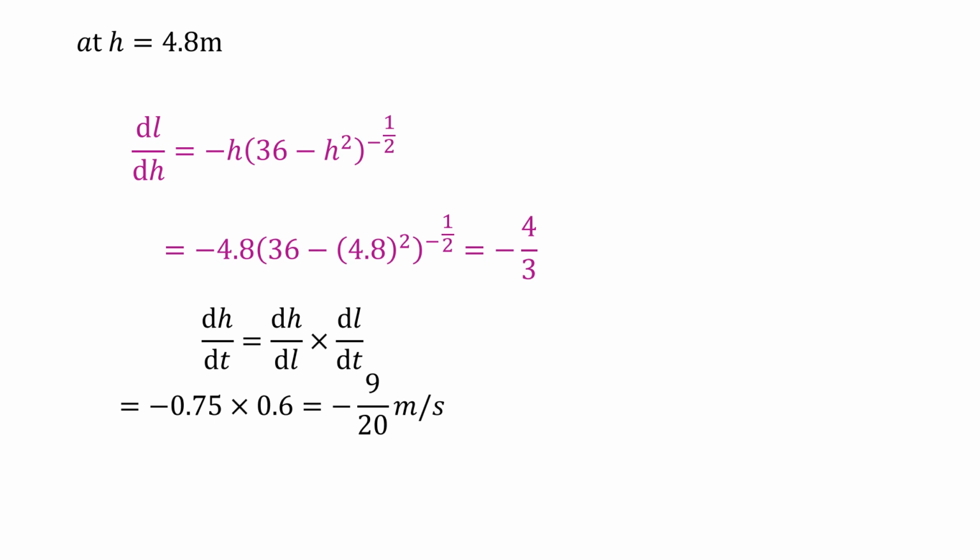So dh over dL will be the inverted of this, which is negative 3/4, and we're given dL over dt to be 0.6. So therefore, the rate of change of the height will be negative 9 over 20 meter per second. And it makes sense because the height of point P is getting smaller and smaller when it slides down. The height gets smaller and smaller, it's decreasing. But your L will get bigger and bigger, right?